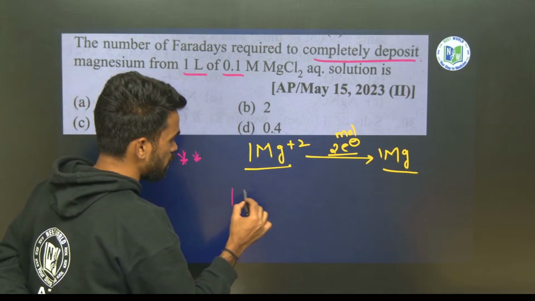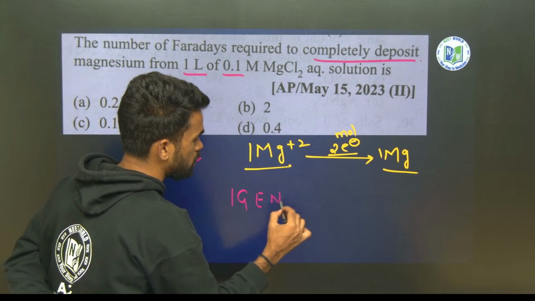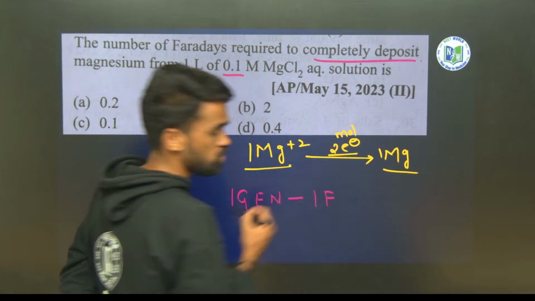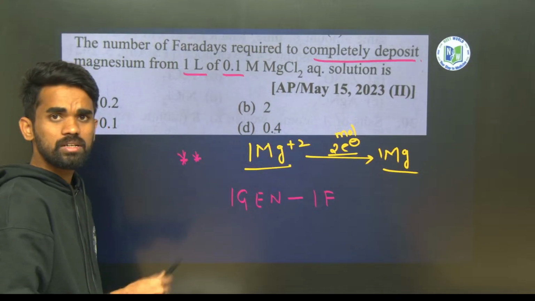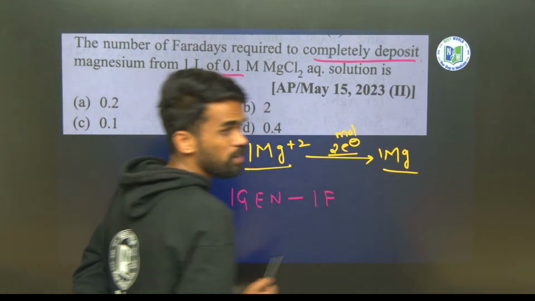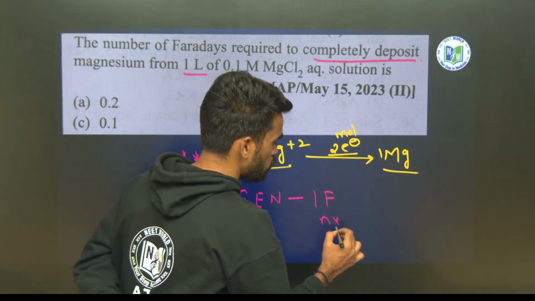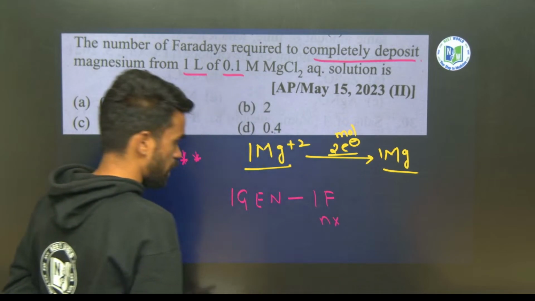To deposit 1 gram equivalent of any electrolyte, you require 1 Faraday of electric charge. 1 Faraday means 96,500 coulombs. It means number of moles into Avogadro number of electrons.